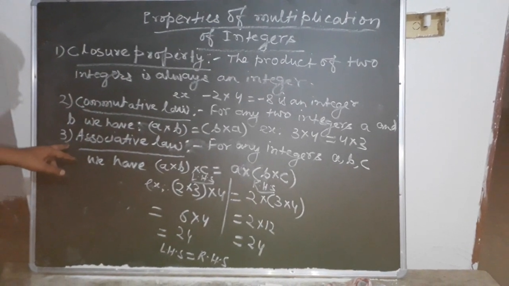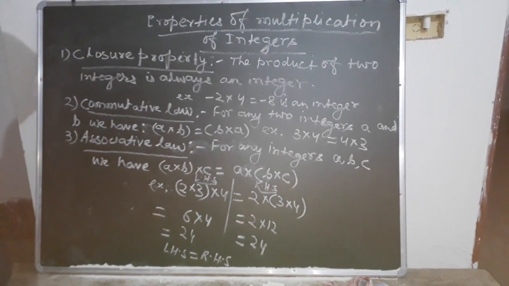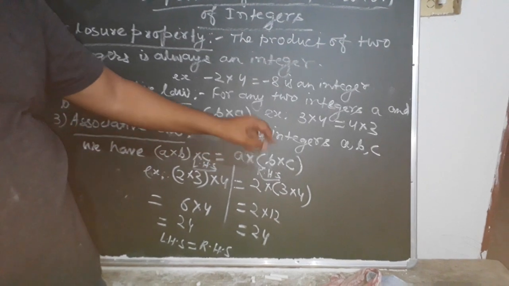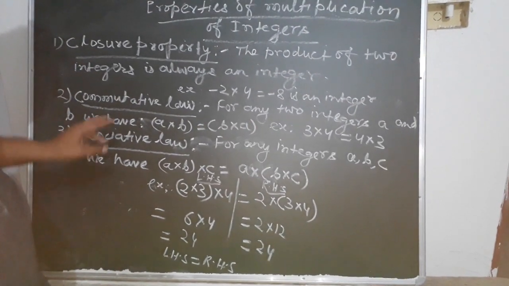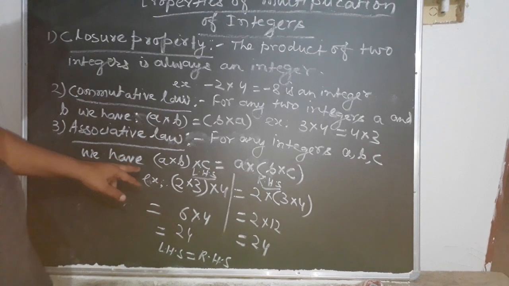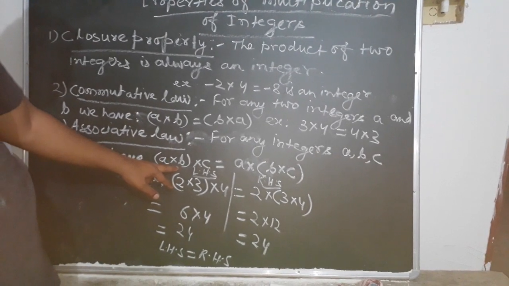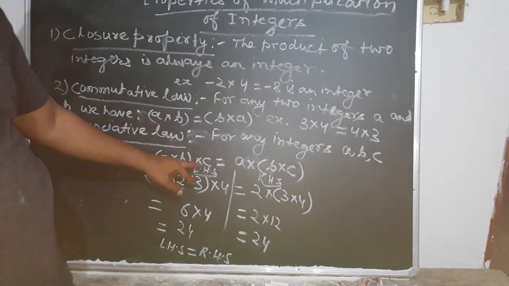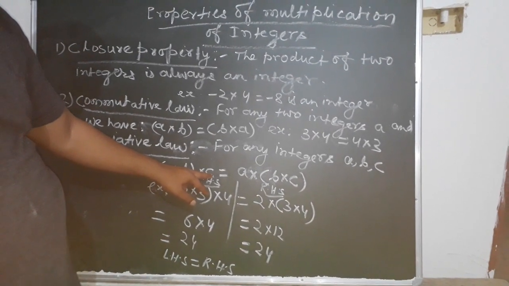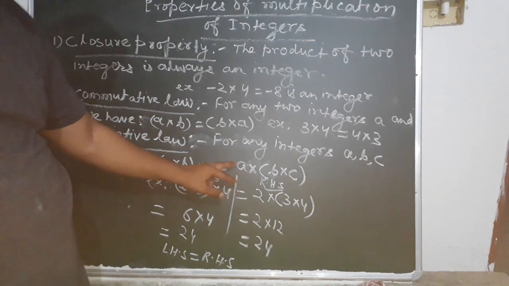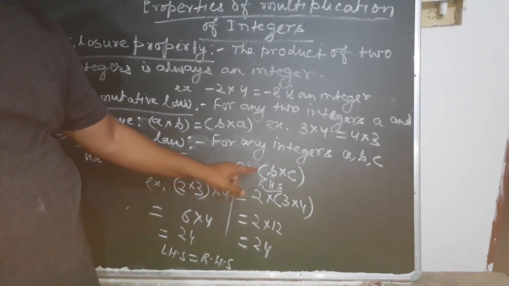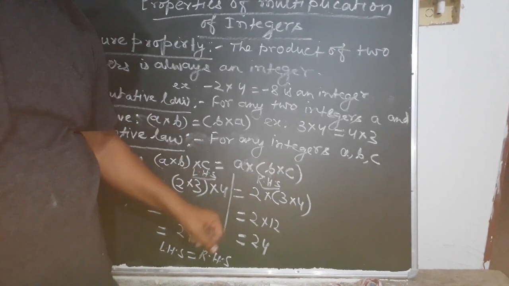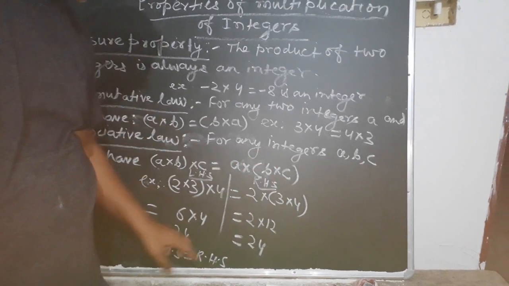Third law, associative law. For any integers a, b, c, we have a multiplied by b, a into b is inside the bracket, and multiplied by c. C is outside the bracket. And here a is outside the bracket and b multiplied by c is inside the bracket.